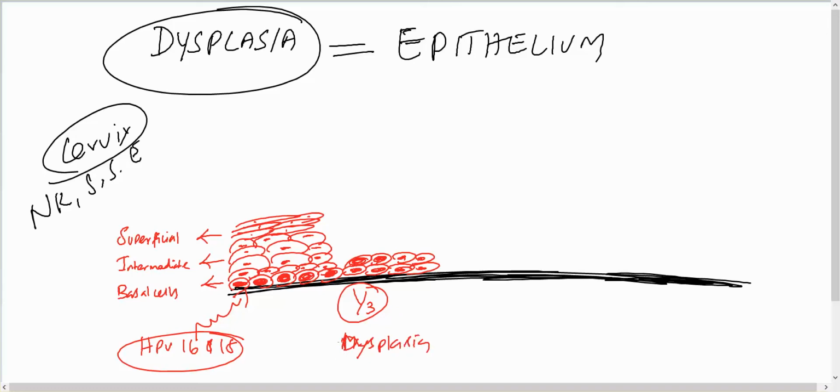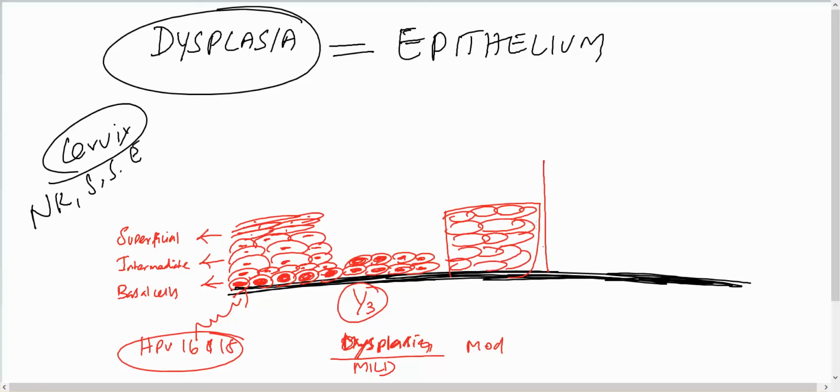It is called mild dysplasia. If it increases to two-third, it is called moderate dysplasia. If it increases to complete thickness, it is called severe dysplasia.